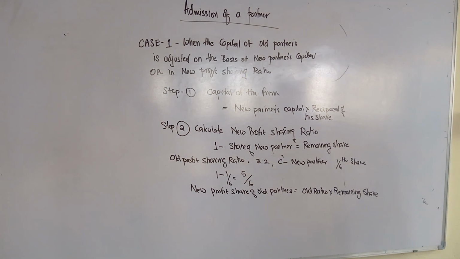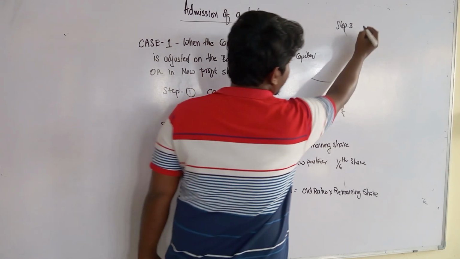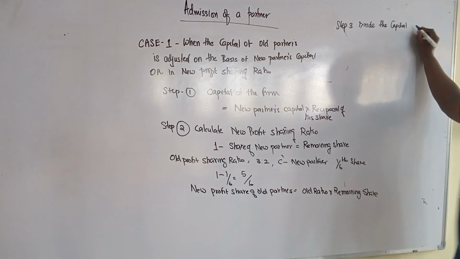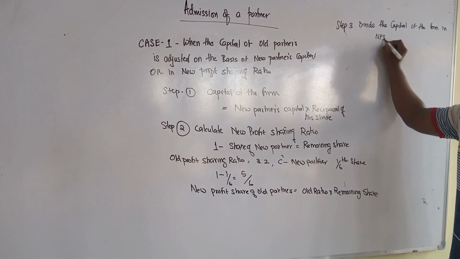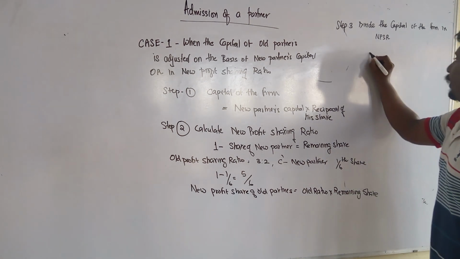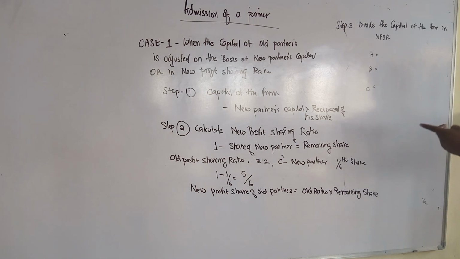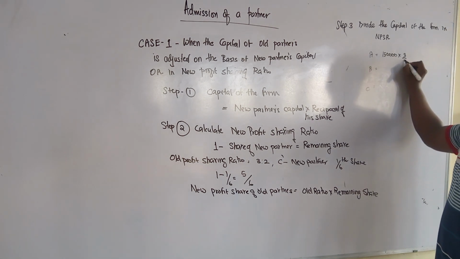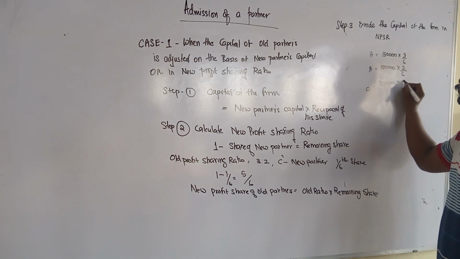Now, step 3. Divide the capital of the firm in the new profit sharing ratio. That is, the capital we got in step 1, what should I do with it? Divide it among A, B and C in the new profit sharing ratio. Okay, suppose the answer we got here is 1,50,000, that is, the capital of the firm is 1,50,000. So 1,50,000 into 3 by 6, 1,50,000 into 2 by 6, 1,50,000 into 1 by 6.